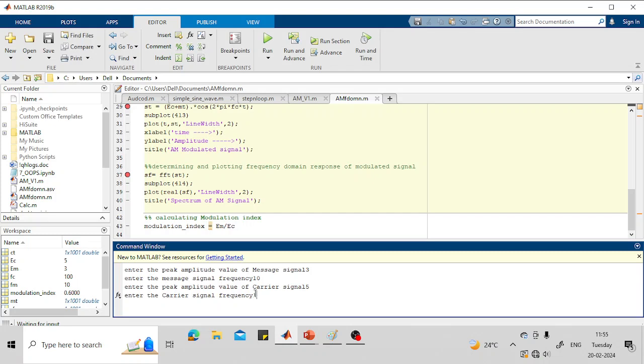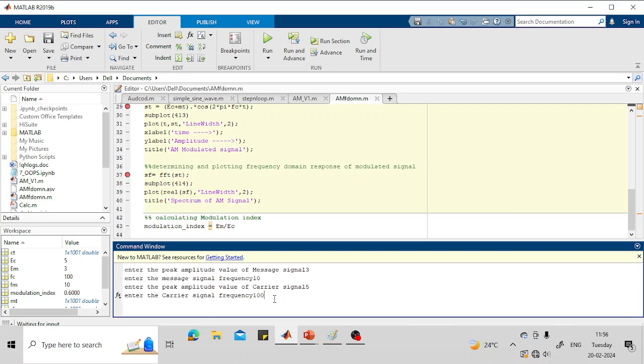But in our simulation there is a limitation: I have taken t ranging from 0 to 1 with 1000 iterations of time. So in order to get a better visualization, I am taking 100. In realistic values it should be more than 1000, 5000, 10,000, because carrier frequency is very high compared to message frequency.